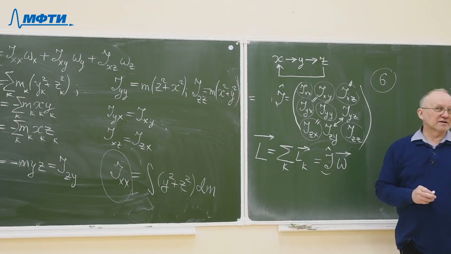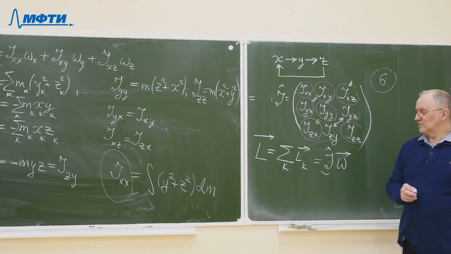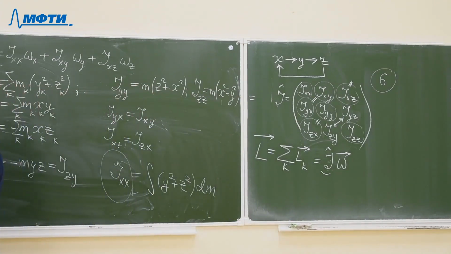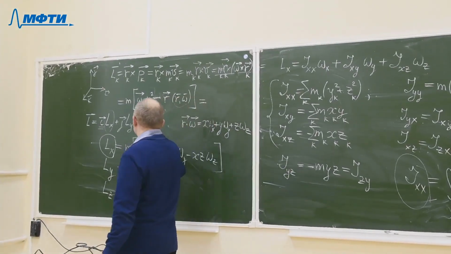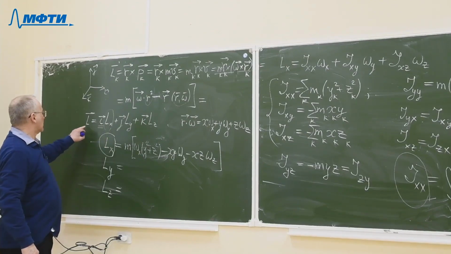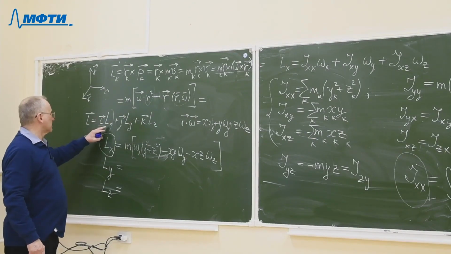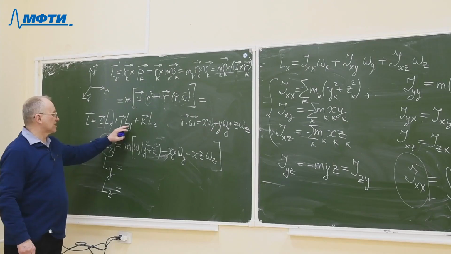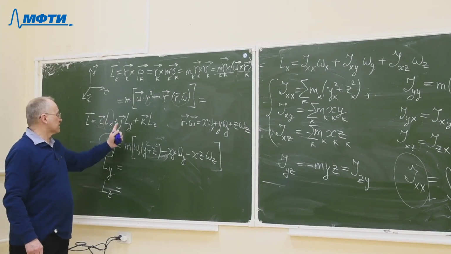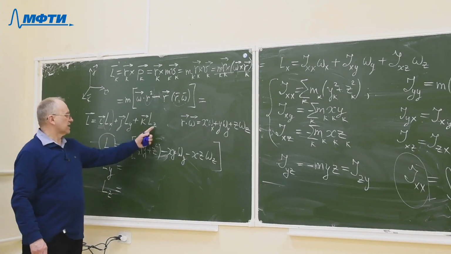What is the first-rank tensor? You know well, the first-rank tensor is just an ordinary vector. It has only a single index. When you present this vector through its components in the Cartesian system, it has only one index: x, y, z.